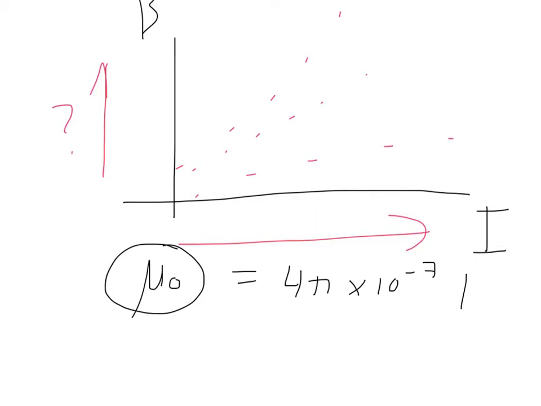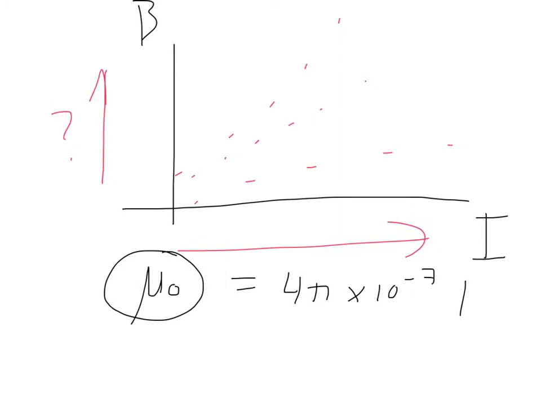Tesla is the unit of the magnetic field, and the unit of mu0 is Tesla meters per amp. Okay?